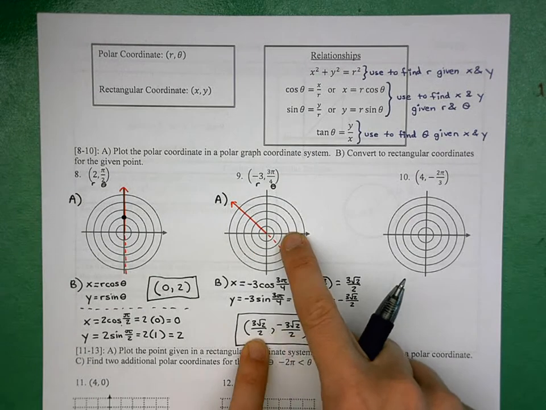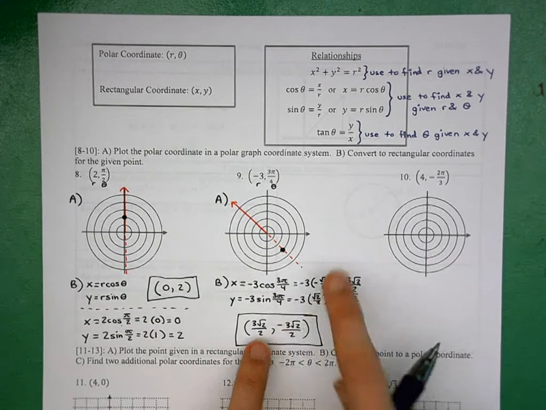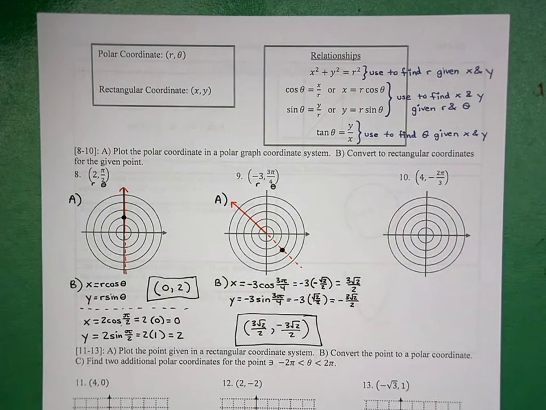Sure enough, this coordinate point would sit in the fourth quadrant. And so if nothing else, the quadrant makes sense. And again, if you wanted to get a little bit more exact with your approximation, you could approximate what √2 is and then multiply that by 3 and divide by 2. But again, if nothing else, check the quadrant. Make sure that it makes sense.